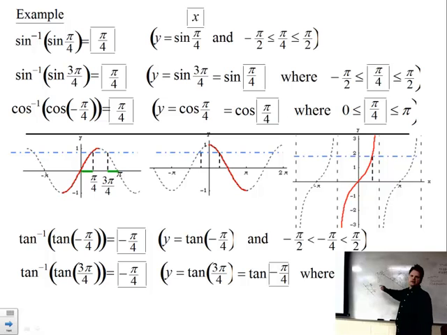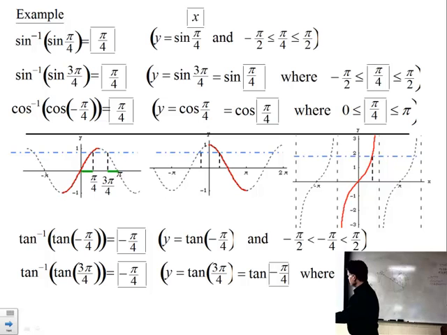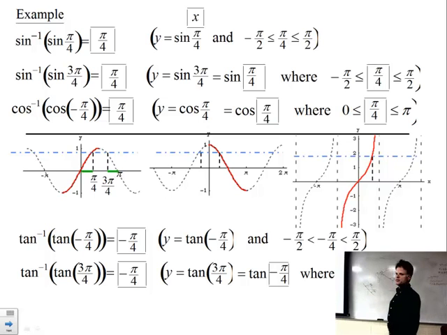But the minus pi over 4 is in the official domain of the tangent function, the official range of the tan inverse. So you're going to get back minus pi over 4. In this case, these will always differ by some multiple of pi. If you take the angle you start with and the angle you get out, they'll always differ by some multiple of pi.